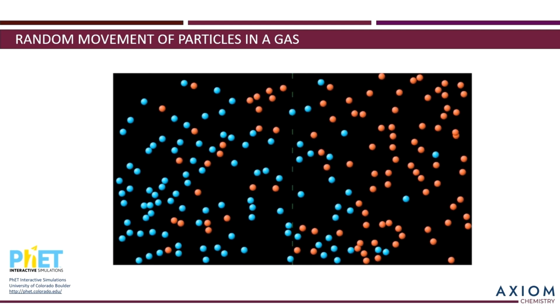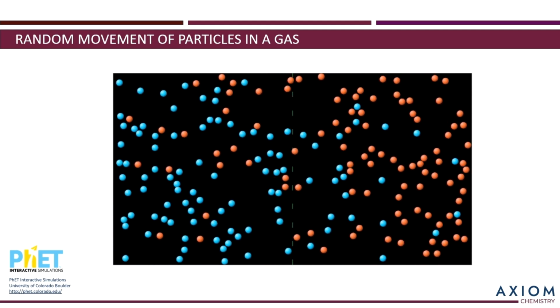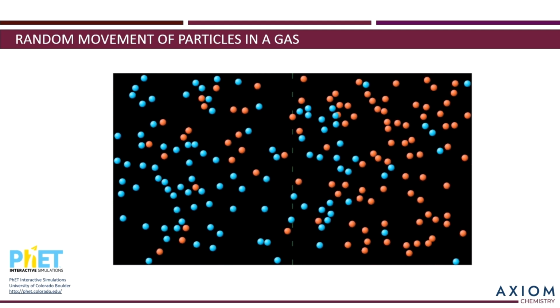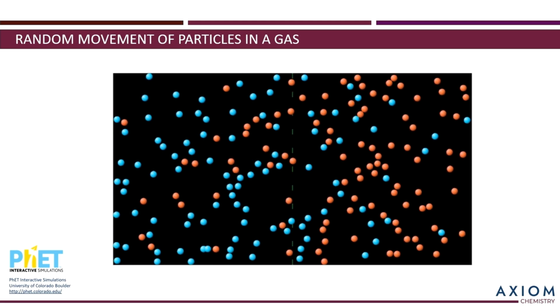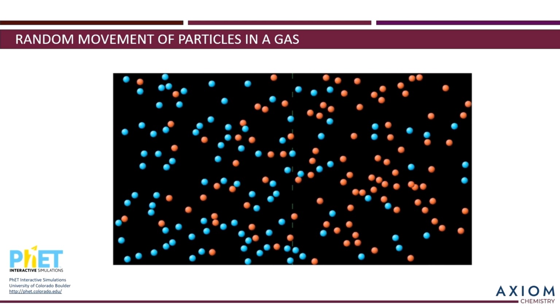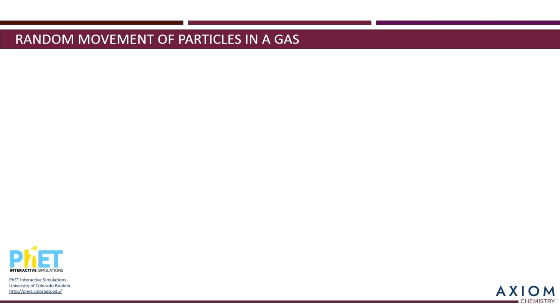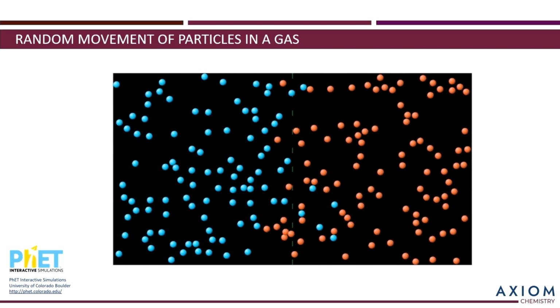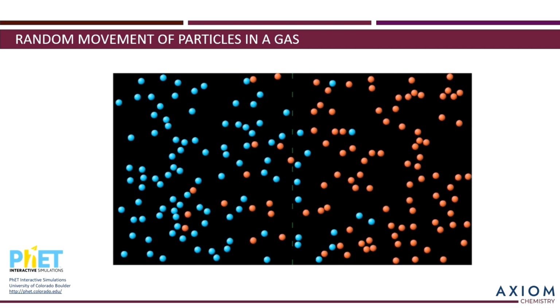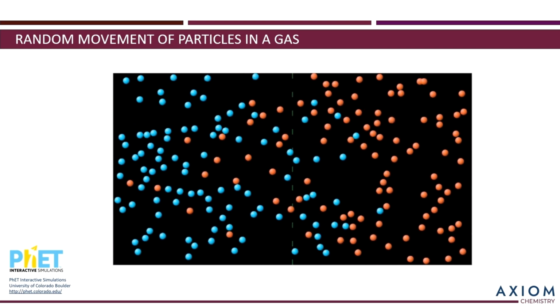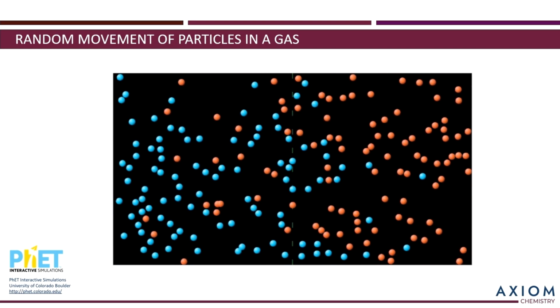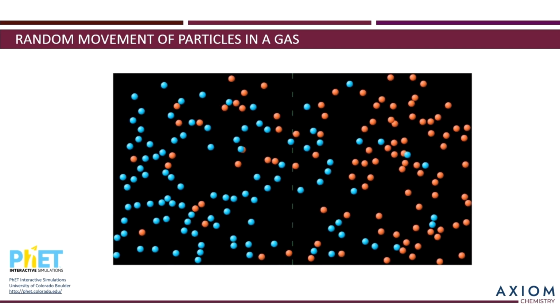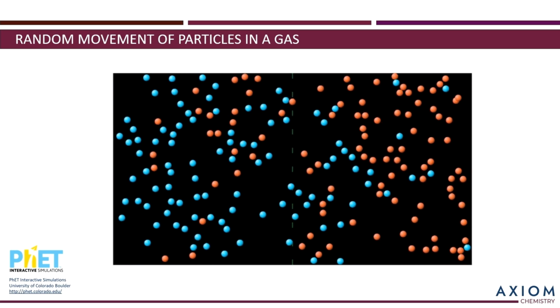It's hard to predict exactly how each particle will move, but overall you can see that the particles are mixing together. It's really important that you understand that, so let's go back to the beginning of the simulation. Here it is with the barrier. Take the barrier away and you can see that that random movement is causing the particles to mix. We call that mixing of particles caused by their natural random motion, diffusion.